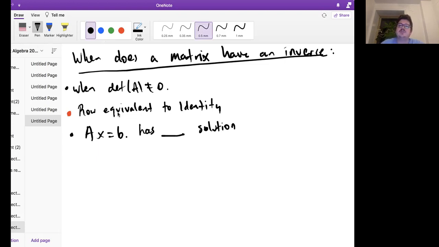If it has an inverse, how can you solve for X? It has at least one solution. Yeah, greater than 0. So this will always be consistent. And more importantly, it's always going to be one solution, because you can just invert both sides.